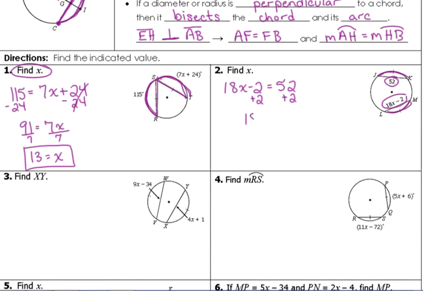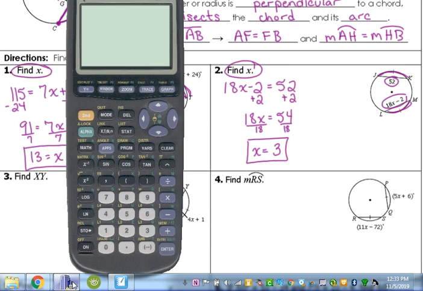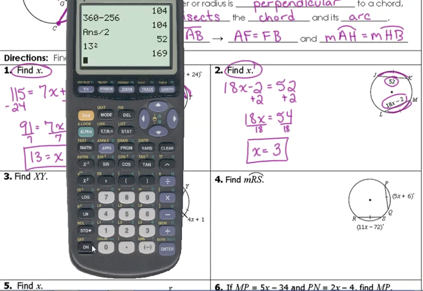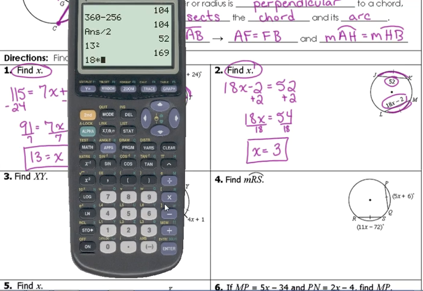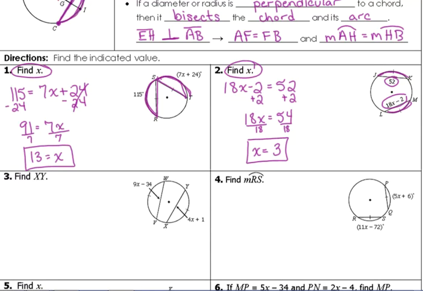Add 2 to both sides. 18x is equal to 54. Divide by 18. x is equal to 3. And that's what we were looking for. You can, of course, check that. Plug it back in: 18 times 3 minus 2. We're looking for that to be 52. And it is.